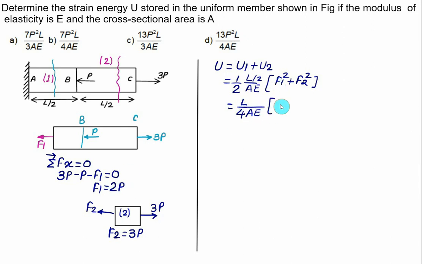F1 square is the same as 4P square, and F2 square is equal to 9P square. So your answer will be 4 plus 9 is 13 times P square multiplied by L divided by 4 times AE. 13 by 4, choice C is correct.